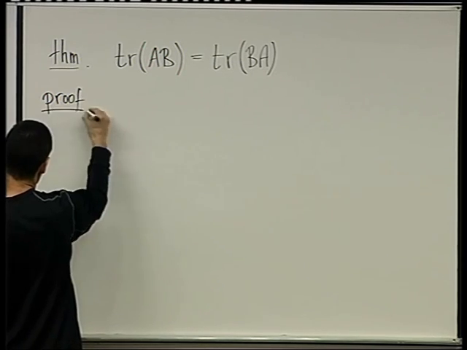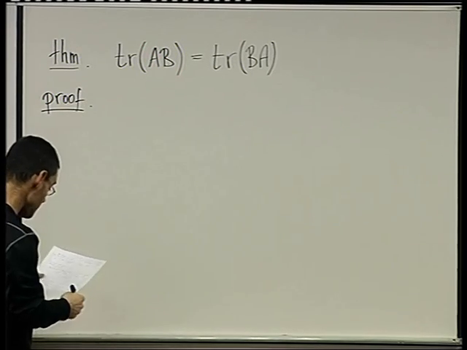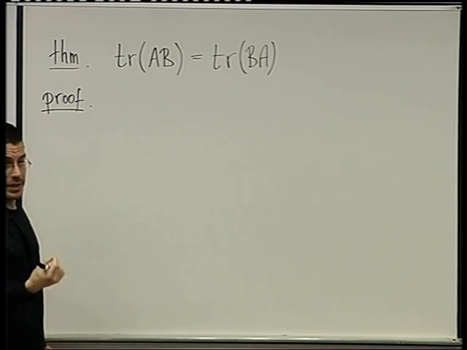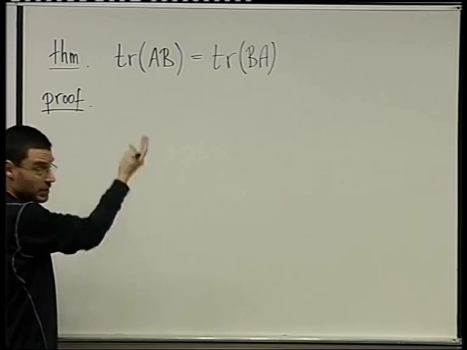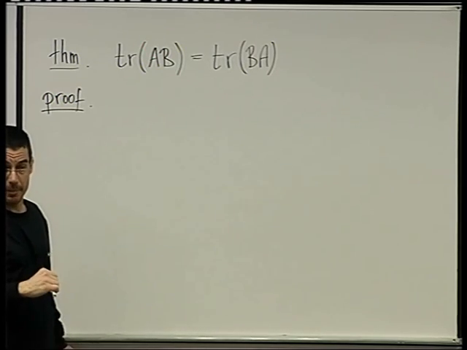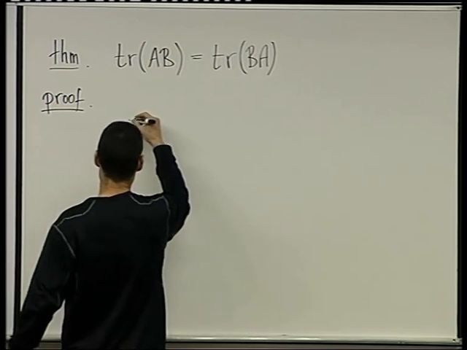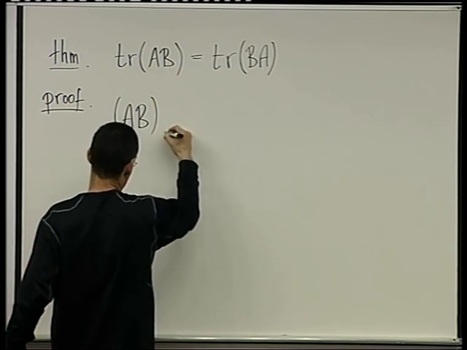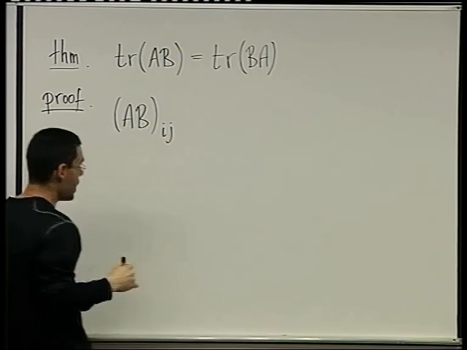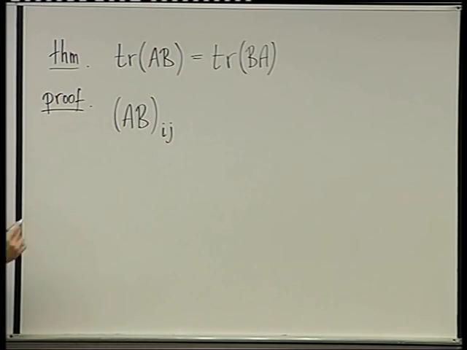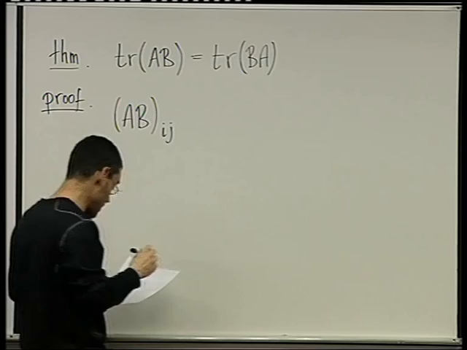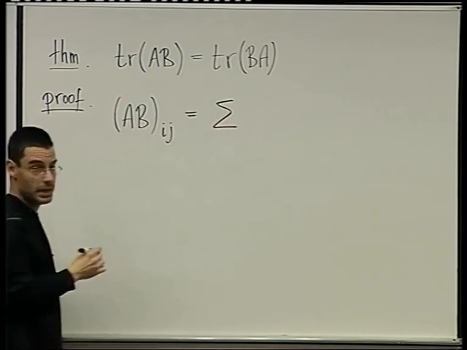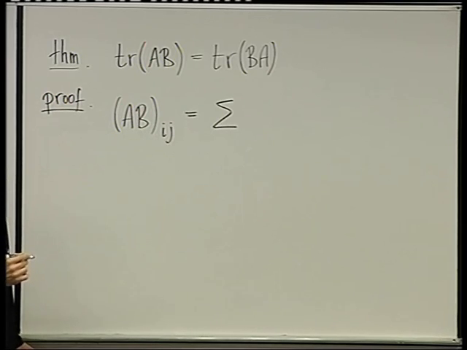Proof. What I want to do is decipher what the diagonal elements of each of these products are and what their sum is. Let's start with the general statement. What's the ijth element of the product AB? I'm going to use sigma notation, hoping that you're not too terrified when you see it.